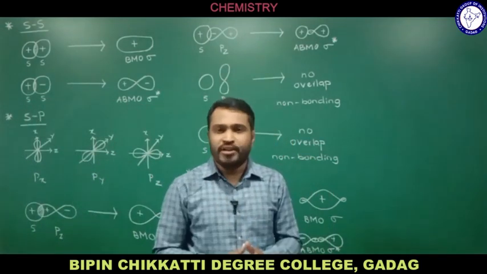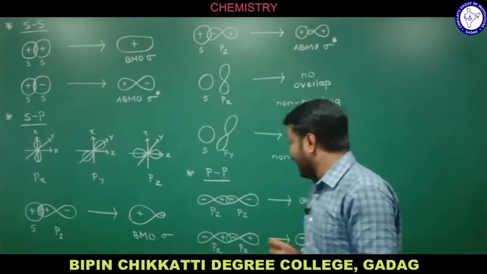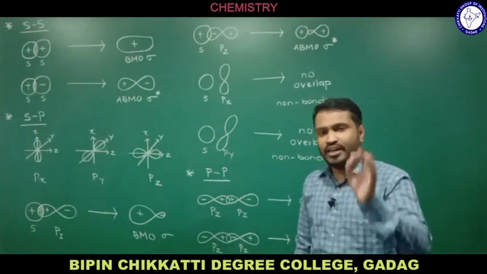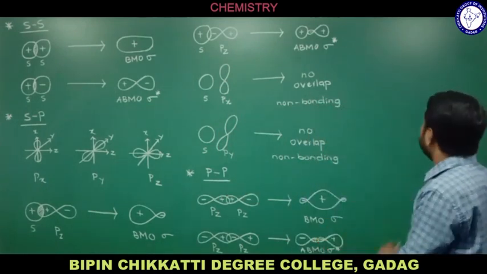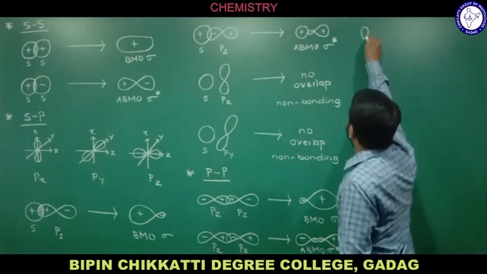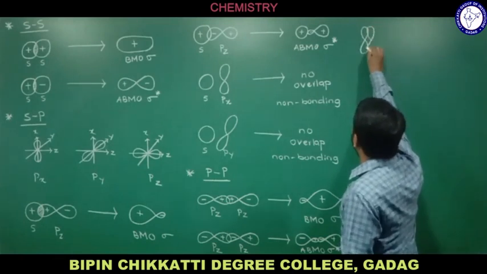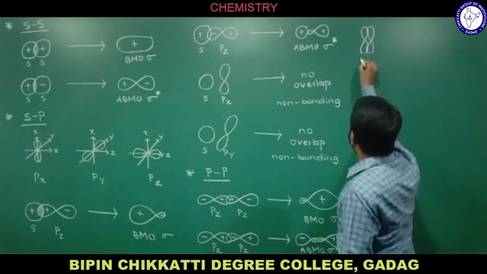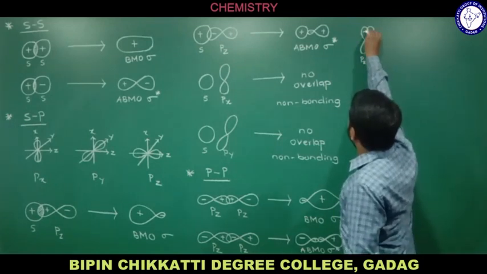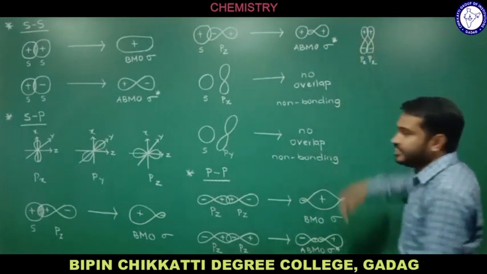Yes, the s atomic orbital is spherical in shape, there is no big deal in that one, but for the p atomic orbital we have pz, along with which we have px and py also. If you consider px and py, I am going to explain now how the atomic orbital combining takes place. So let us assume this is one px and this is one more px. Try to imagine this is px and this is also px, and I consider the same sign, plus and minus, and minus, plus minus minus.